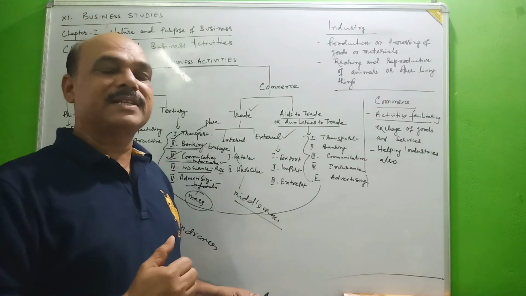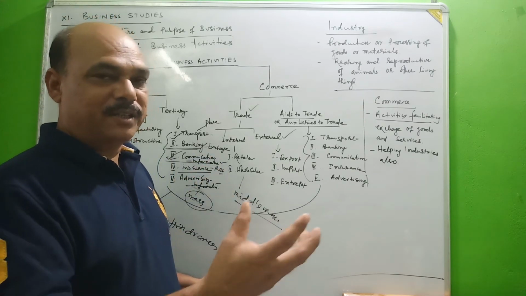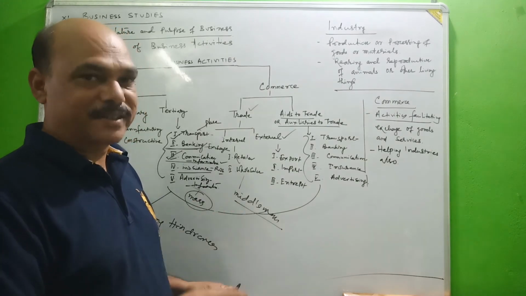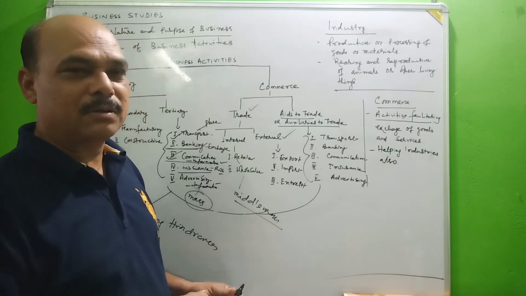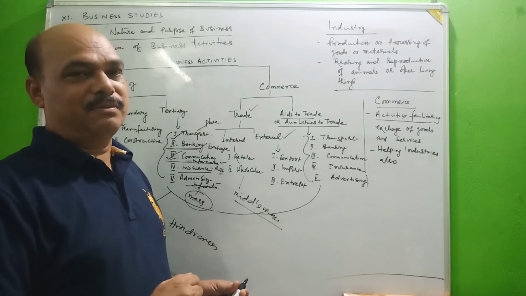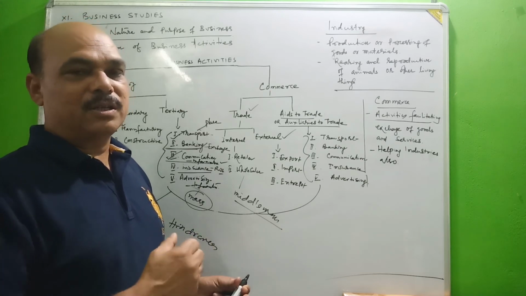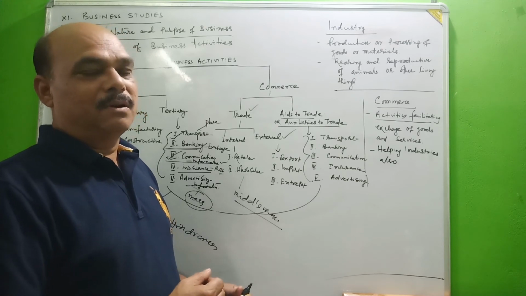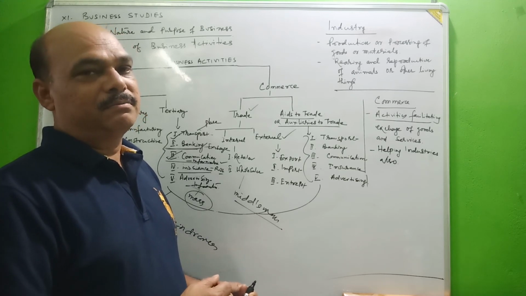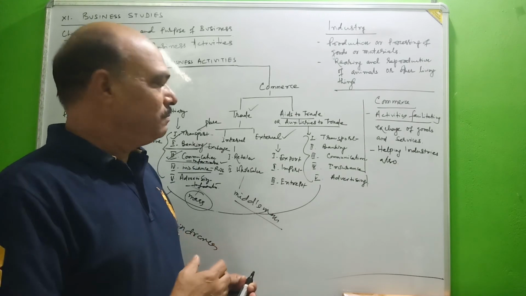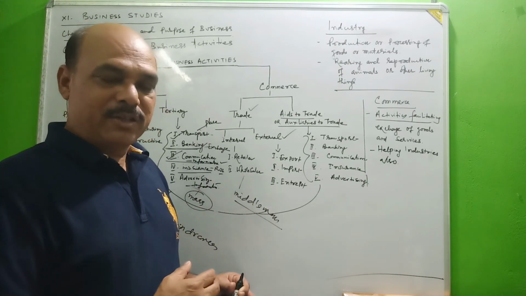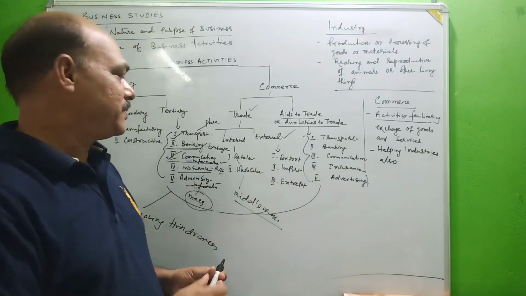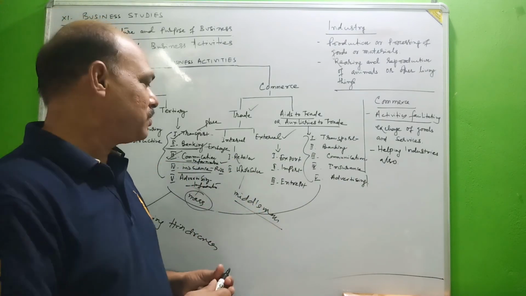For example, India is purchasing different defense equipments from other countries, because we are not indigenous, or self-made or Indian-made, materials or any equipments for that. So we are purchasing from other countries. That is known as import.